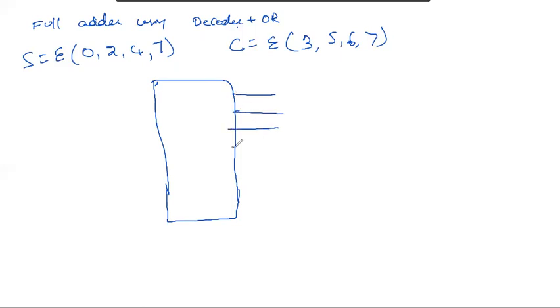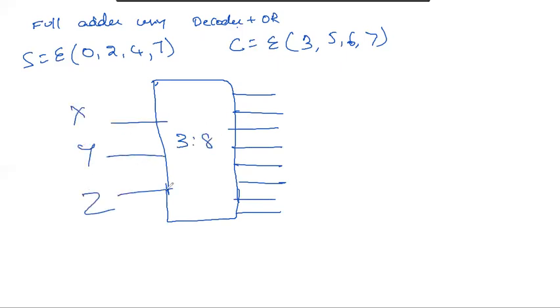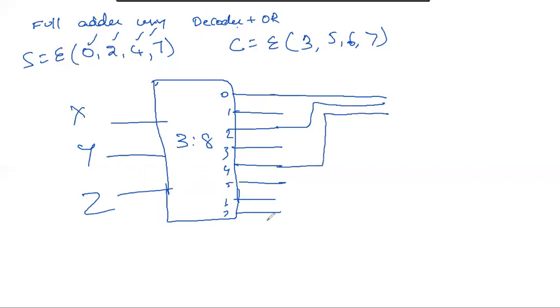1, 2, 3, 4, 5, 6, 7, 8. So 3:8. Three inputs, X, Y, Z. Okay. Now I want sum. Sum is 1 plus 2 plus 4 plus 7. 0, 1, 2, 3, 4, 5, 6, 7. So 1, 2, 4, 7.